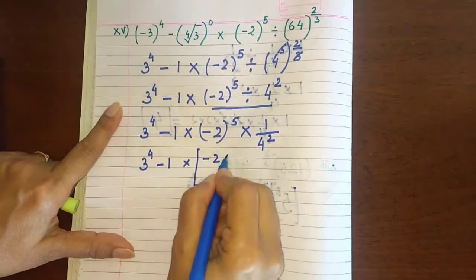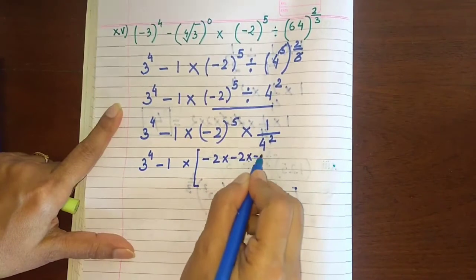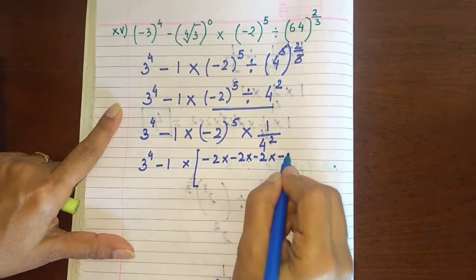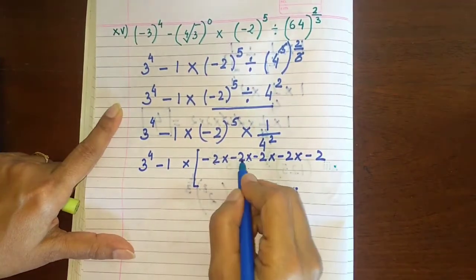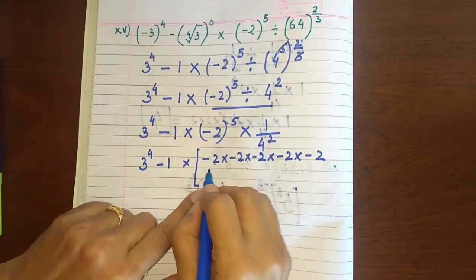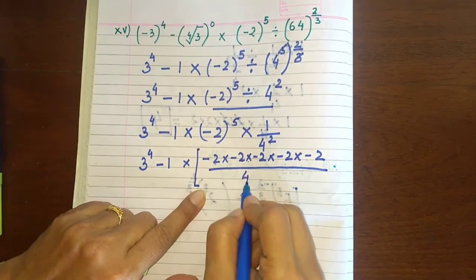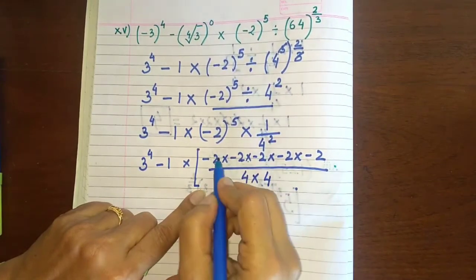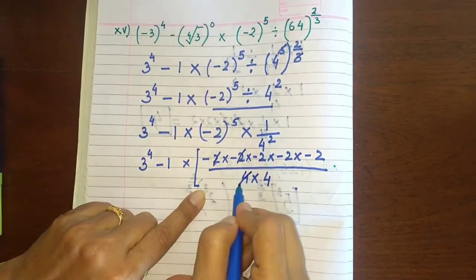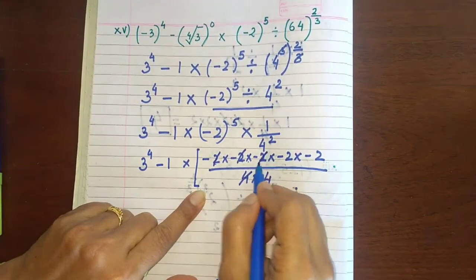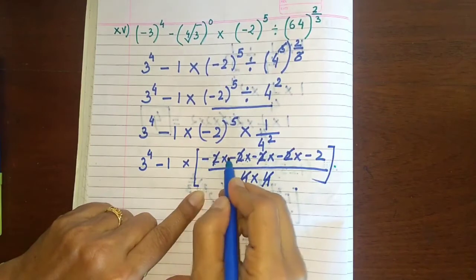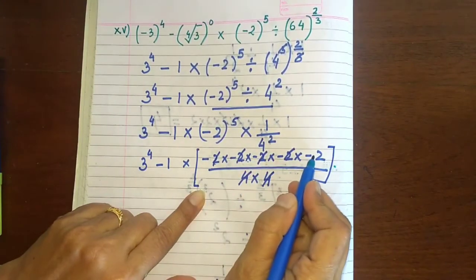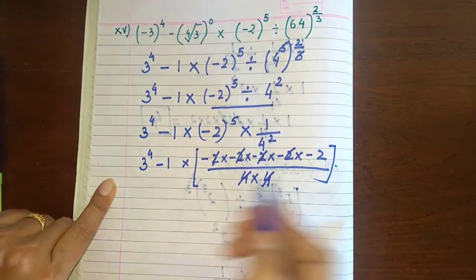Minus 2 I will write 5 times to show you the cancellation, though you can do it directly: 1, 2, 3, 4, 5 times, and 4 I am writing 2 times. So 2 ones are 2, 2 twos are 4, this 4 gets cancelled. Again 2 ones are 2, 2 twos are 4, this 4 gets cancelled. 1, 2, 3, 4, 5 negatives, which means your answer will be negative.